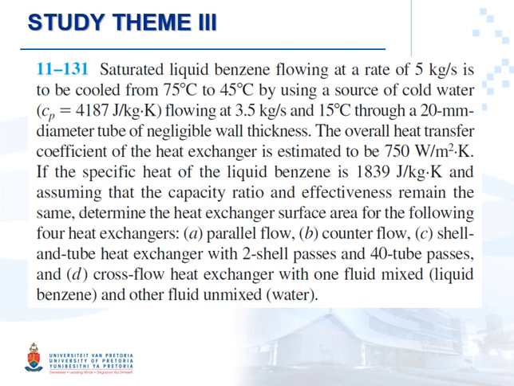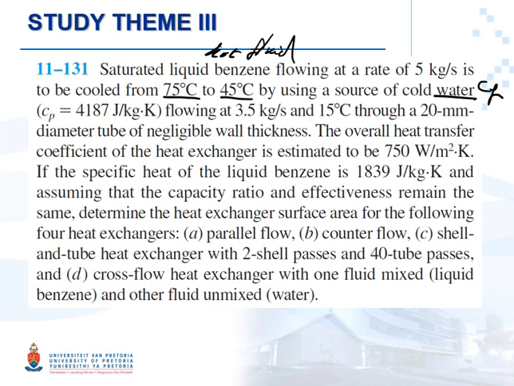I have the 75 temperature, I see it here. I have 45, so the temperature decreases. What does it mean? It means that saturated liquid benzene is my hot fluid and my cold fluid is water.